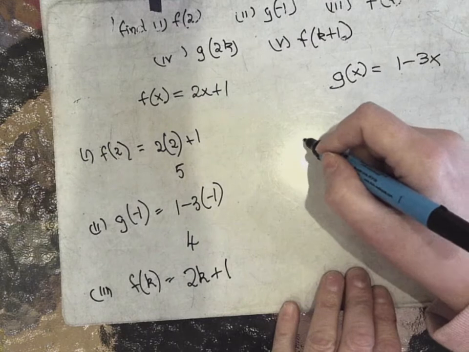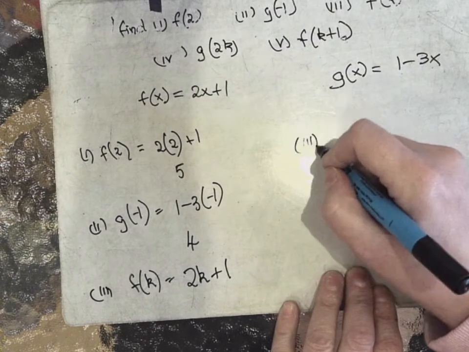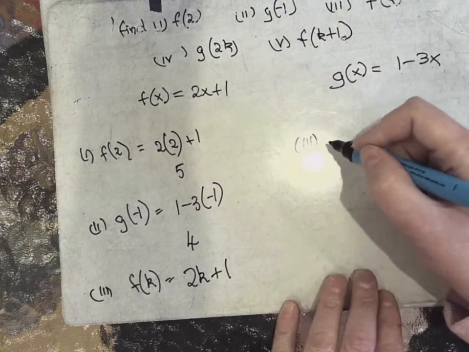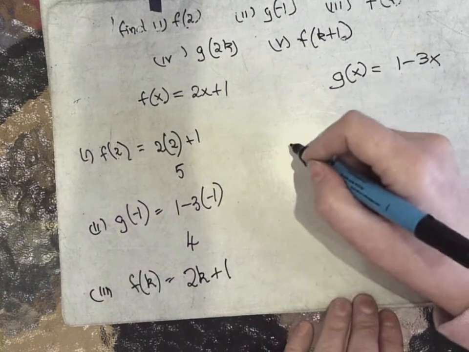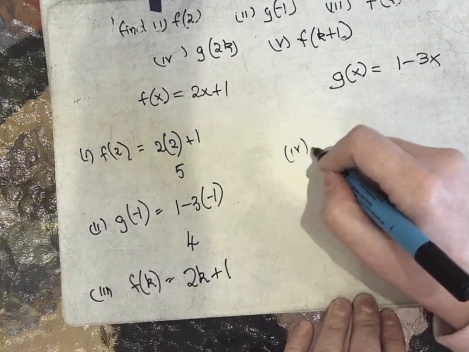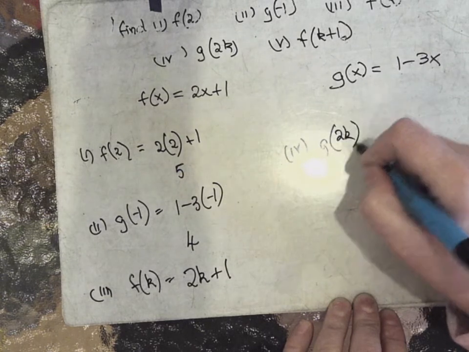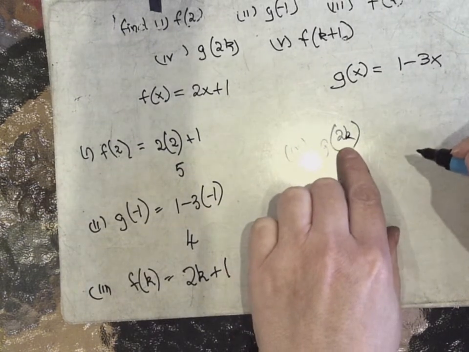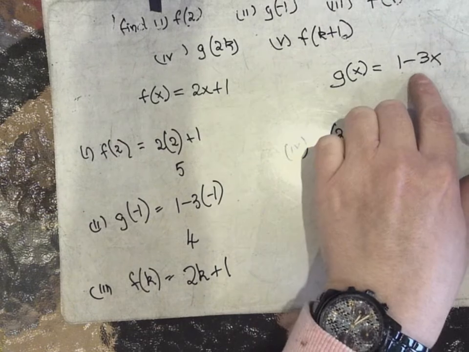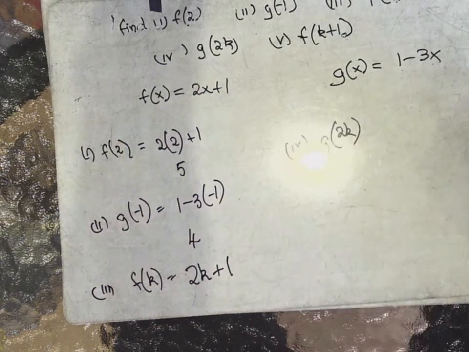Okay? Part 3, sorry, I'm on part 4, aren't I? Part 4 asks me for g of 2k. So that means into g, everywhere I see an x, put a 2k. So here's my g. Instead of that x, I'm writing 2k.